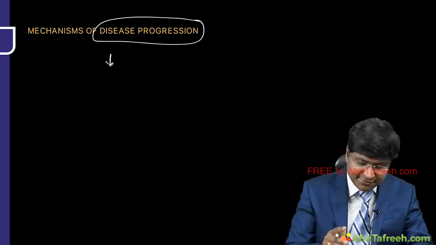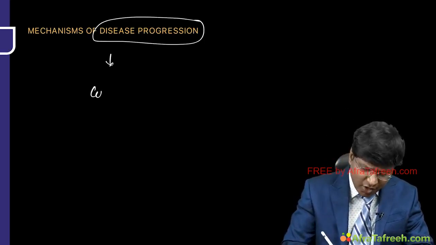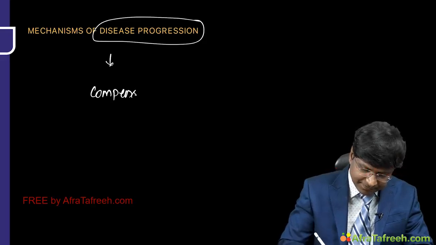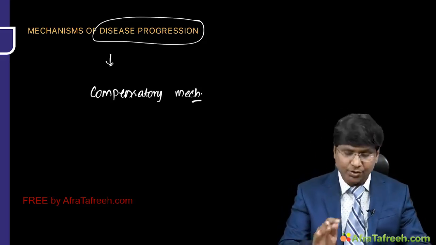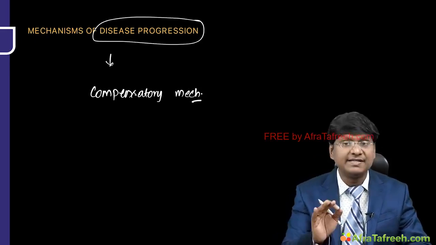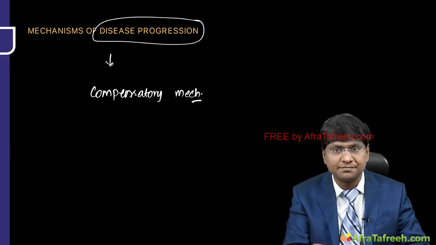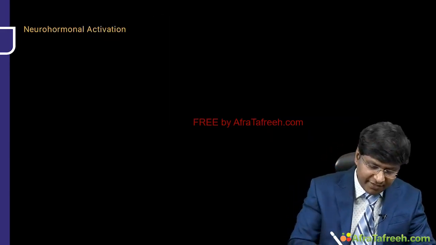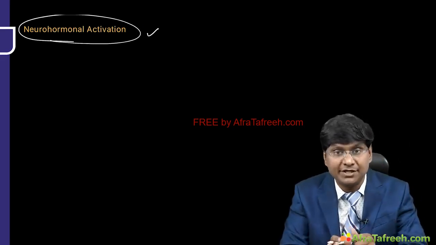That I'll be discussing now in the mechanisms of disease progression. I'll be discussing in detail the compensatory mechanisms. So a number of compensatory mechanisms become activated during the development of heart failure and they contribute to disease progression. One very important compensatory mechanism is neurohormonal activation.